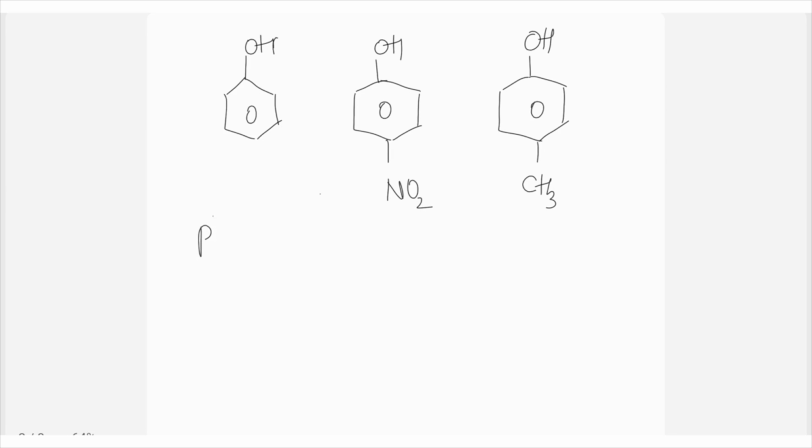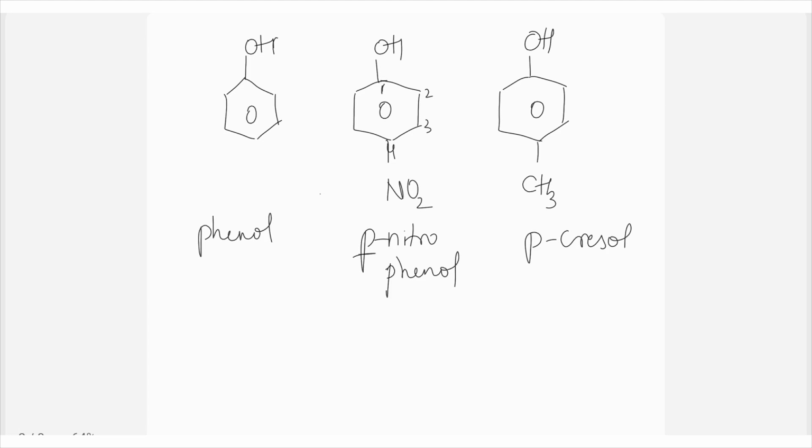Now this is simple phenol with no other groups. This is para nitrophenol. Para is nothing but the 1,4 position. If this is your first carbon, 1, 2, 3, 4, so the 1,4 position is considered to be para. Para nitro, and this is para cresol.